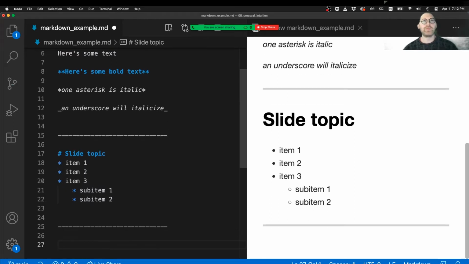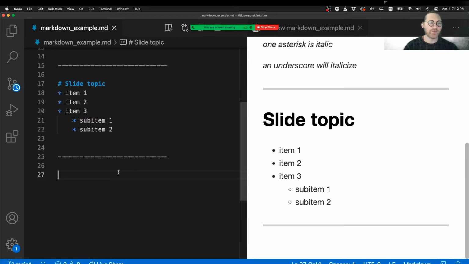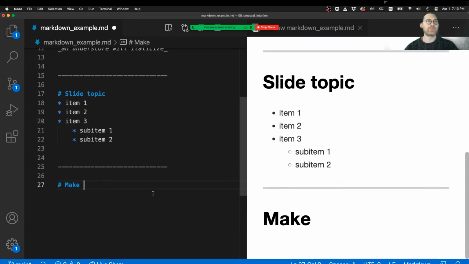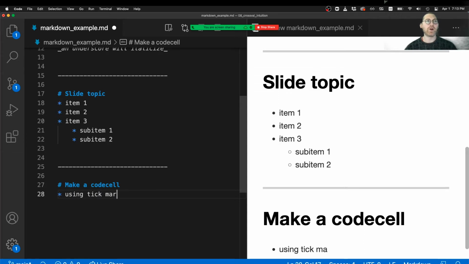So these are some fairly simple, fairly powerful things. One of the things that I really love about Markdown, you can make a code cell. So let's make a slide that says make a code cell, using tick marks.